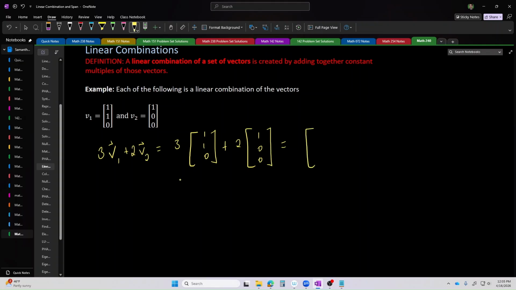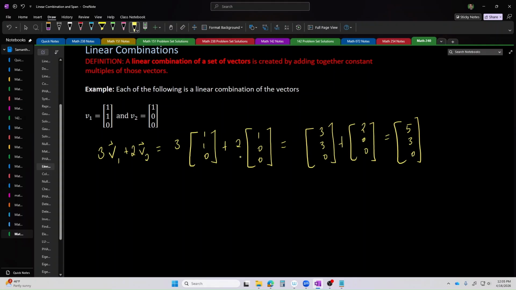So that would be 3, 3, 0 plus 2, 0, 0, giving a result of 5, 3, 0. This vector 5, 3, 0 is a linear combination of v1 and v2.